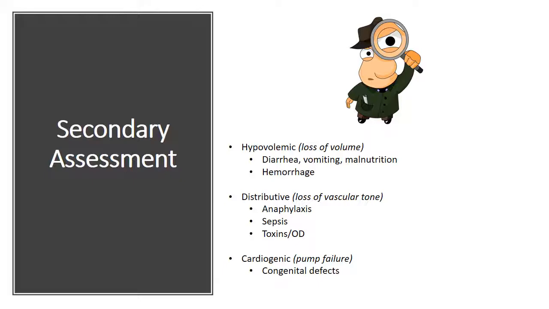Or could it be from toxins, some kind of overdose? Or the least likely one to see is cardiogenic shock in kids. And almost always that's from congenital defects, where the child has a known history of heart disease, some kind of abnormality that's been known since birth.